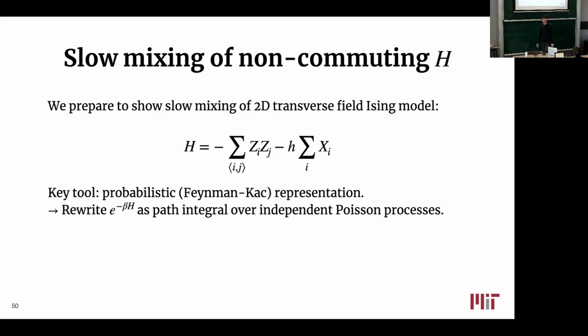So how do we, yeah, go ahead. I understand the notation, but the two i's range over different things, right? The first i ranges over a set of square root of n elements, and the second i ranges over all of the n qubits. Correct. The angle brackets indicate neighbors on the lattice, and the other one is just a sum over all terms.